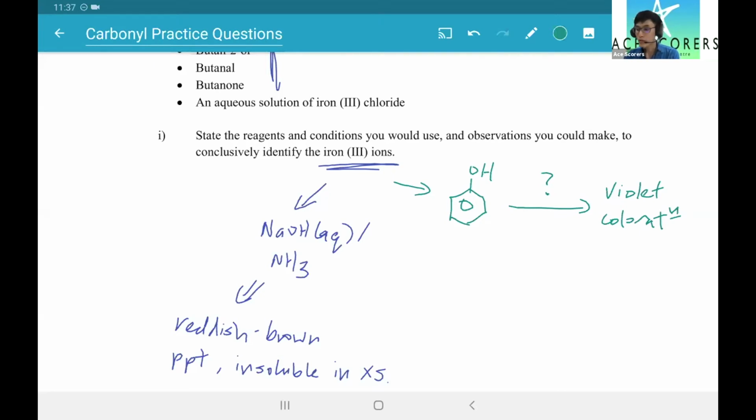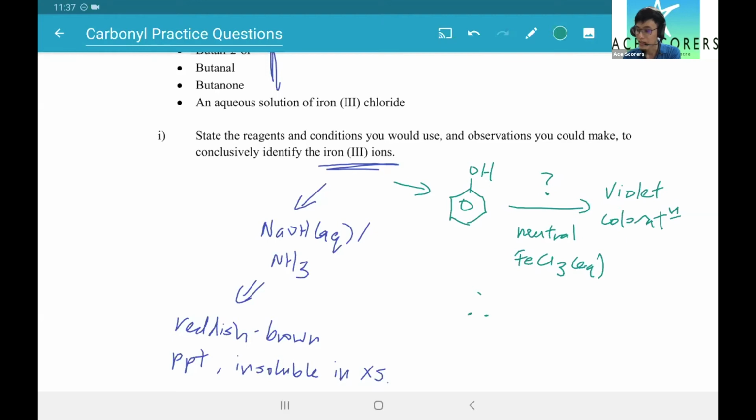So what you add to phenol to get your violet coloration is neutral FeCl3 aqueous. This is that ligand exchange reaction we saw in the hydroxy compound section. In this case, you can adapt that reaction to identify the Fe3+.